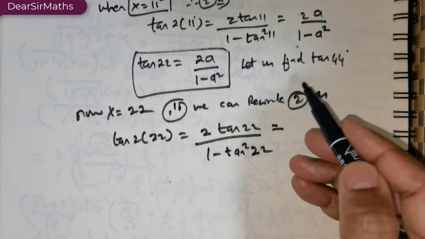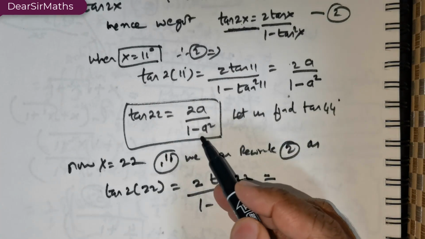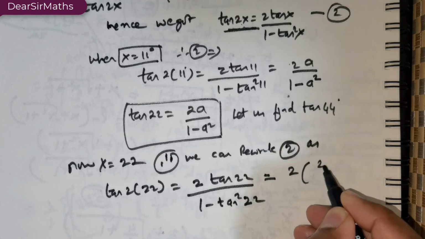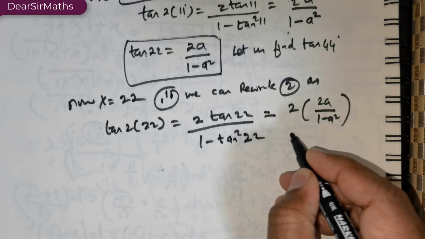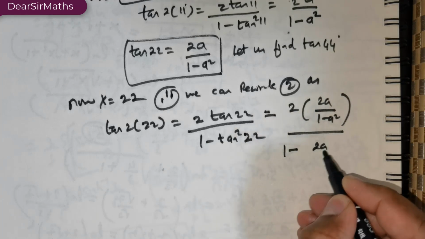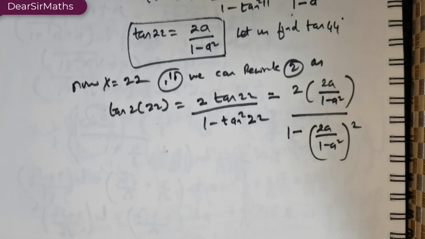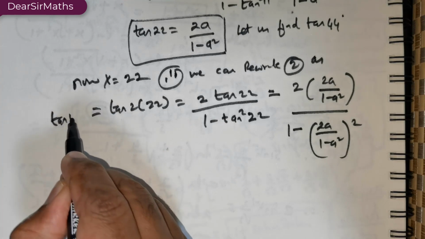What is tan 22? It is 2A over (1 - A²). So this is 2 times (2A over (1 - A²)) divided by (1 - (2A over (1 - A²))²). And this is nothing but tan 44.